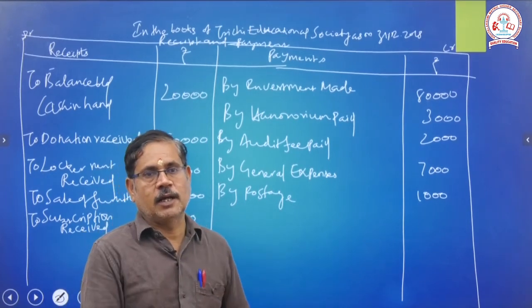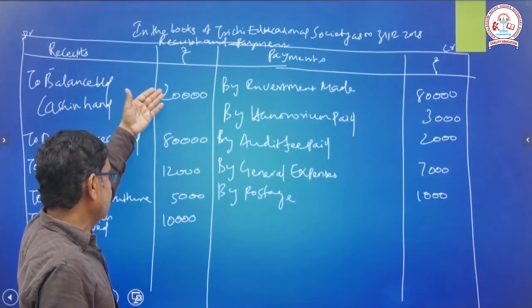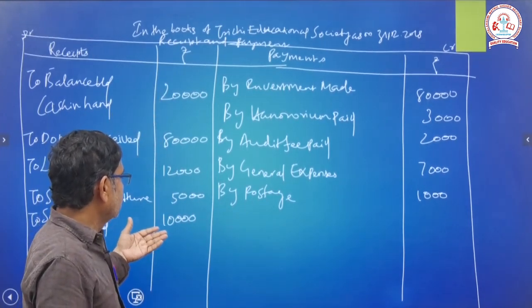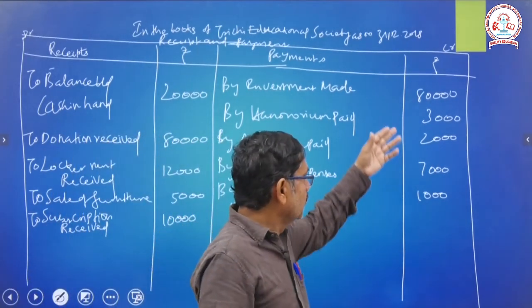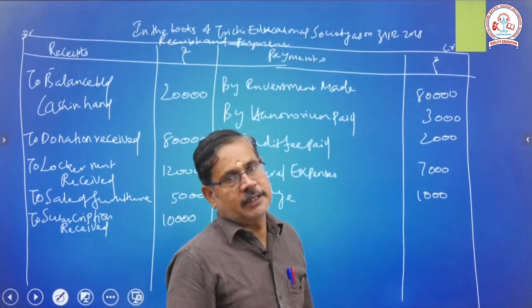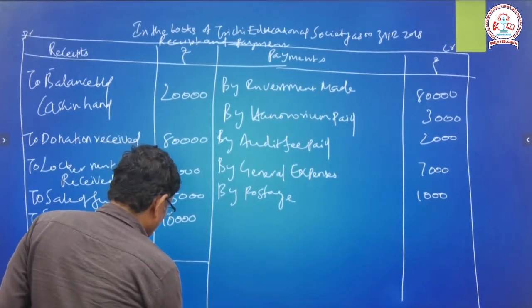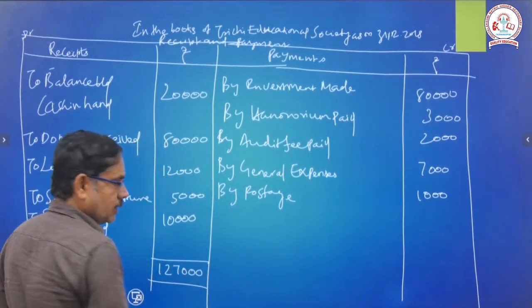So, we entered all the values. Now, we will check the excess value on the big side. See, receipt side 80, 1 lakh, 1 lakh 12,000, 1 lakh 22,000, 1 lakh 27,000 is there. But here 90, 98. So, receipt side has the excess value. Close the value 1 lakh 27,000.